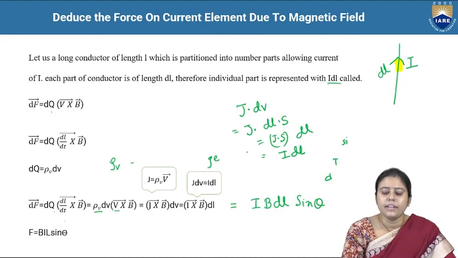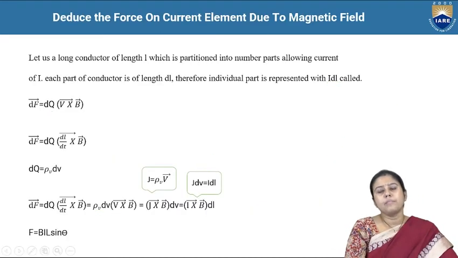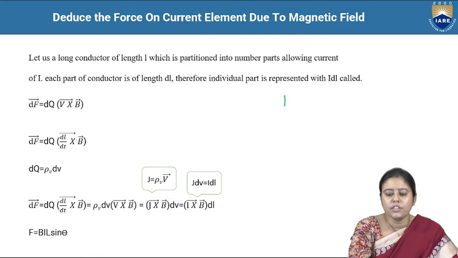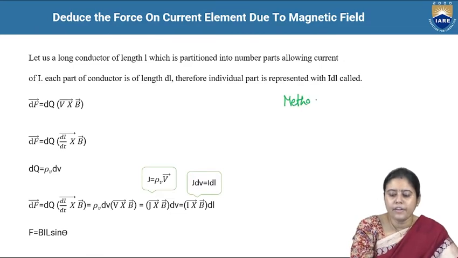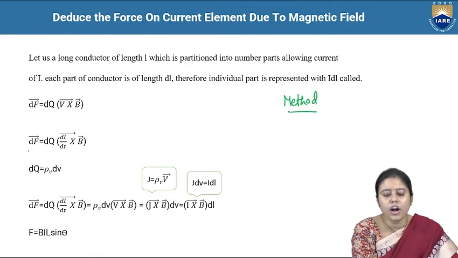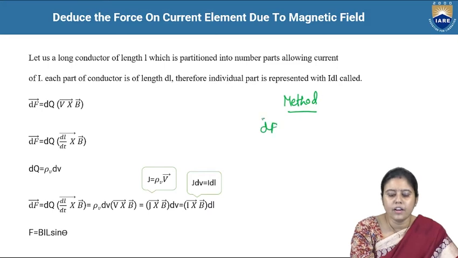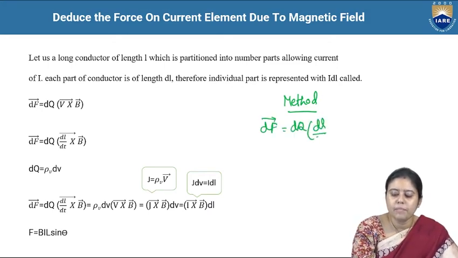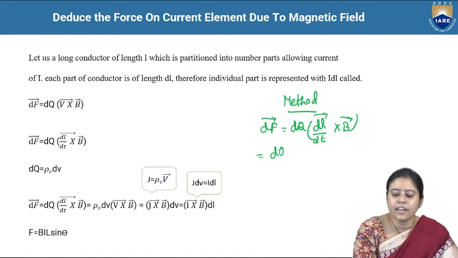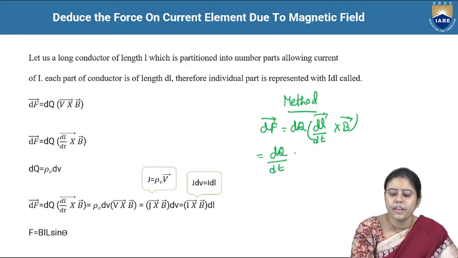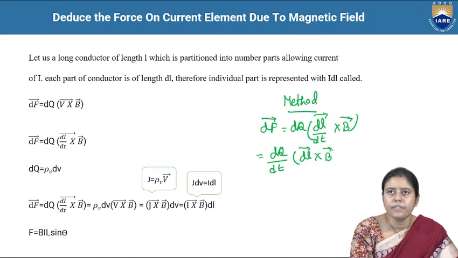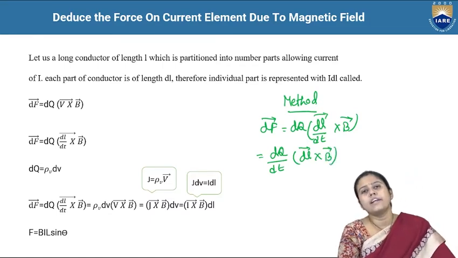Another method, method 2, is also there. I will write from here. We got dF is equal to dq dl by dt cross B, or we can write it like this: dq by dt dl cross B. What is the meaning of dq by dt?